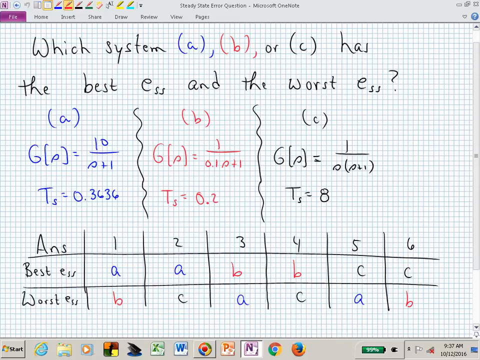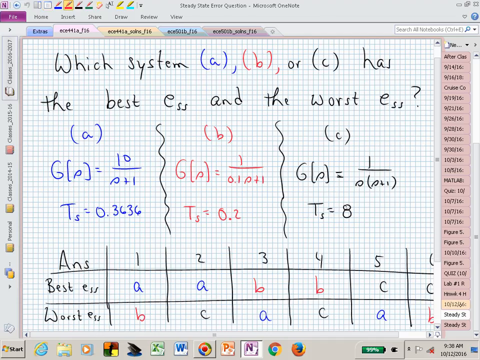The question of all questions: now you have to get your die out and roll your die because there's 6 choices. Not as easy as flipping a coin. Your odds have been reduced, haven't they? I want you to just guess at this point, based on what you know, which system gives you the best steady state error.